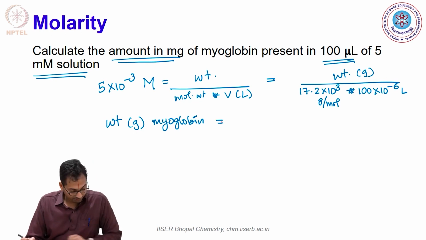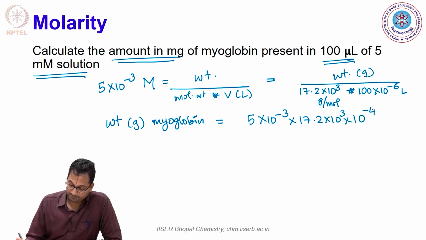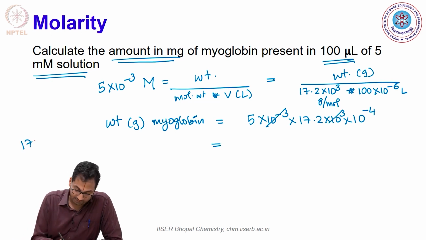is going to be equal to 5 into 10 to the power minus 3 times 17.2 into 10 to the power of 3 multiplied by 10 to the power minus 4. So this is going to finally result in 17.2 times 5.